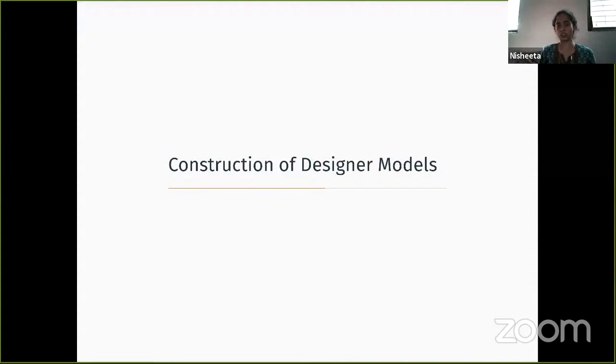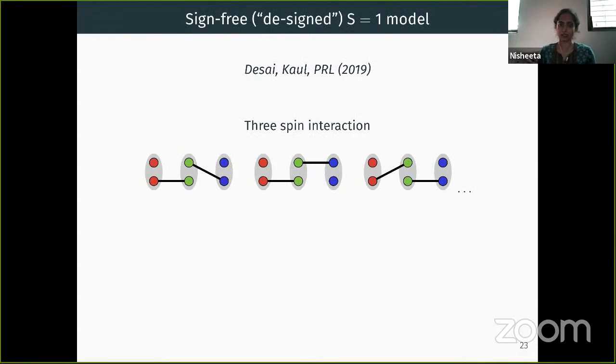What we do is we first write down a model in terms of spin halves, and once we do that, we know that this model is sign problem free. So we can walk backwards, find the original model in terms of the original spin ones or spin s, and then we know this model can be simulated without a sign problem. So this is the example, the first model that we constructed this way. This is a 3-spin interaction. Here, these black lines again depict the 1/4 minus s dot s interaction.